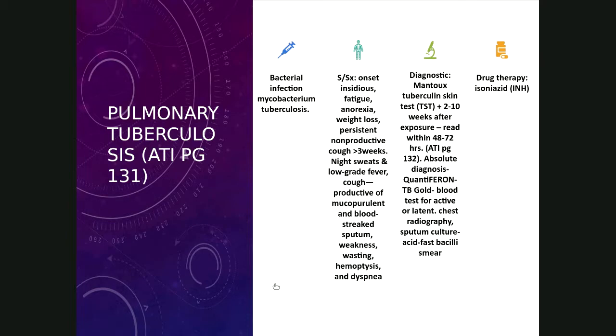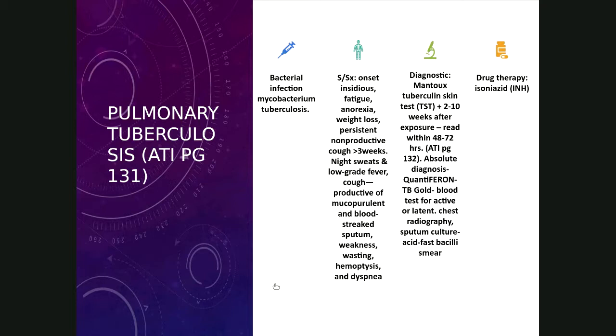Night sweats is usually the one that you're going to see related to pulmonary tuberculosis as a sign or a symptom. So keep that in mind, night sweats, a low-grade fever, a productive cough. It'll be mucopurulent or blood-streaked sputum. You'll have weakness, wasting, hemoptysis, and dyspnea.